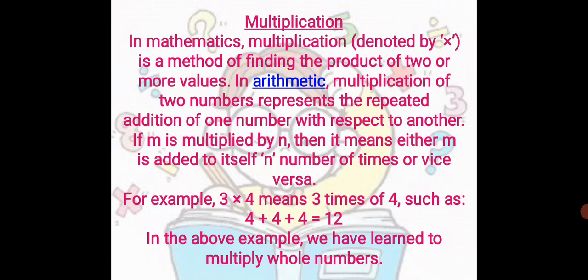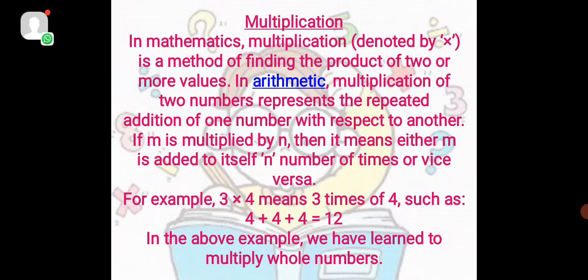In mathematics, multiplication is denoted by the symbol cross. Multiplication is a method of finding the product of two or more values. So, what is the formal definition of multiplication? Multiplication is a method of finding the product of two or more values.